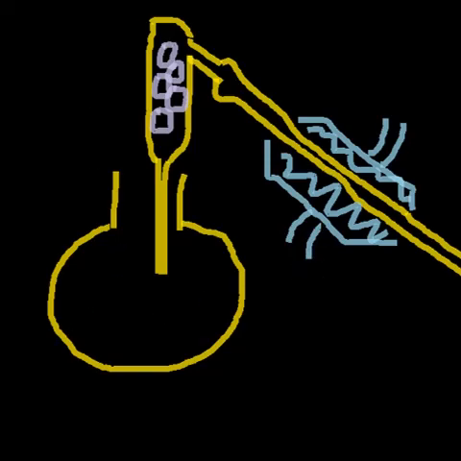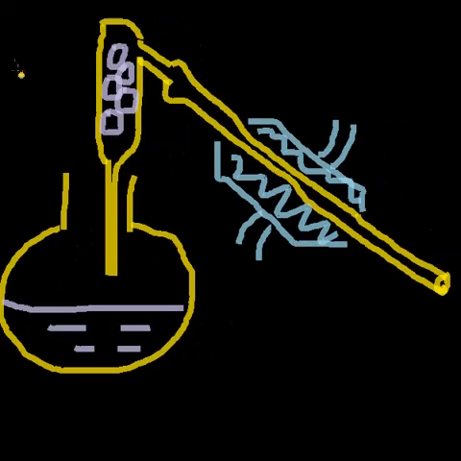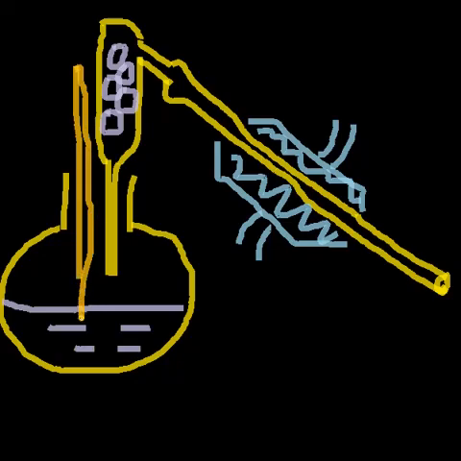The mixture which needs to be separated is taken in this round bottom flask. There is a thermometer placed over here, with the help of which we can just take a note of the temperature.